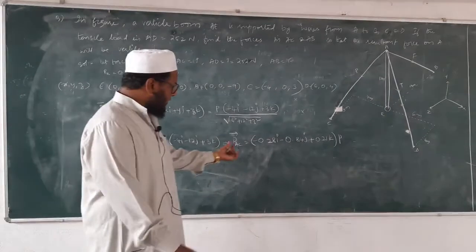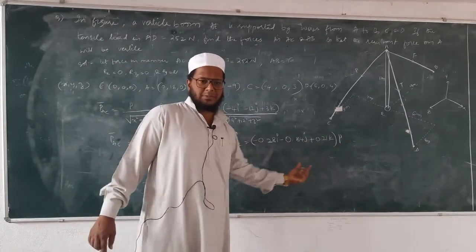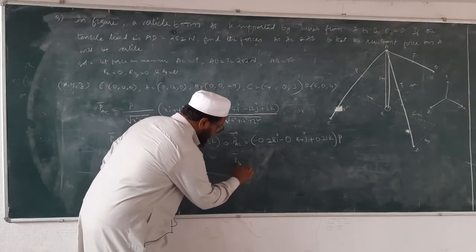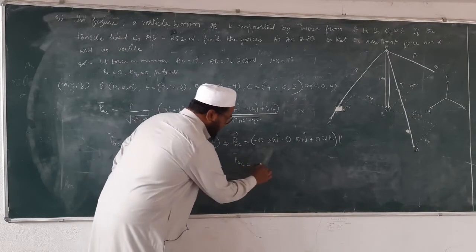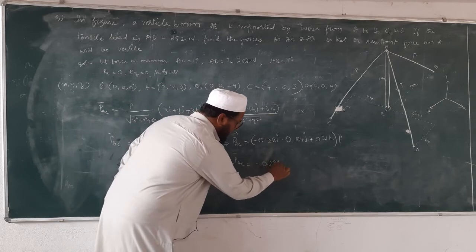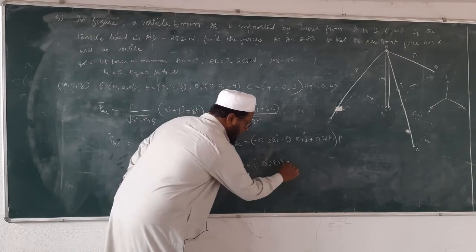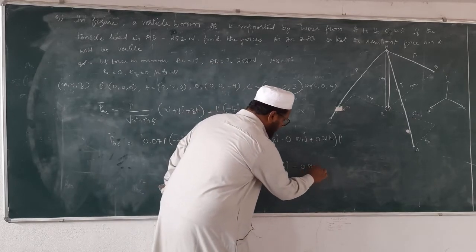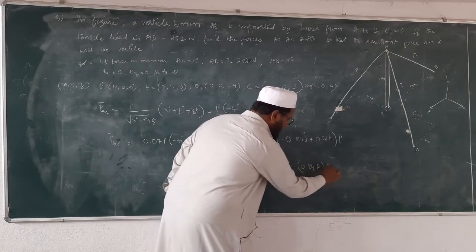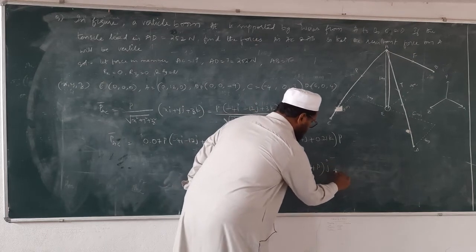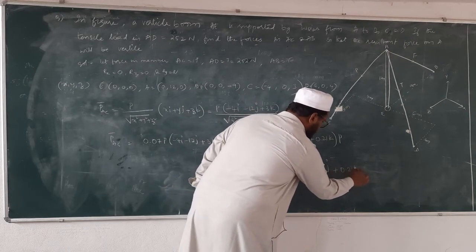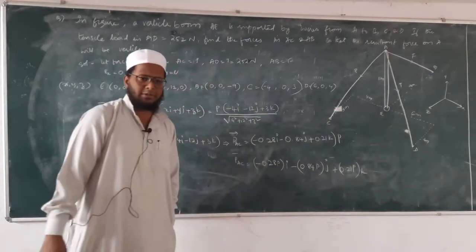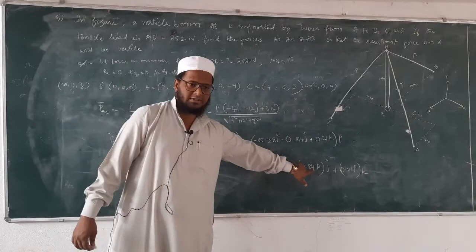For our simplification, we'll do one thing. We'll multiply this P also, so that it will be easy for us. So force vector AC is equal to minus 0.28 P into I, similarly minus 0.84 P into J, plus 0.21 P into K. Just add one more step so that it will be easy for us to extract these values.